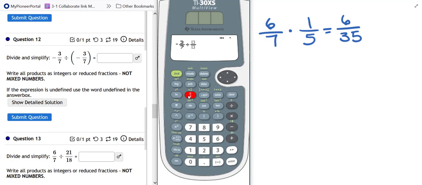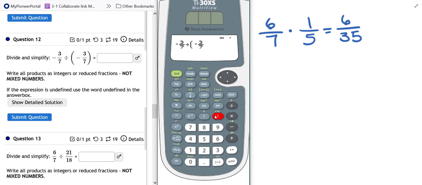I didn't type it exactly like it looks there, which I should. So let's see if I can go back. And I'm going to put parentheses here. Parentheses and a negative. Then I use this little wheel to get back in the right spot. So 3, go down. 7, go out from under.